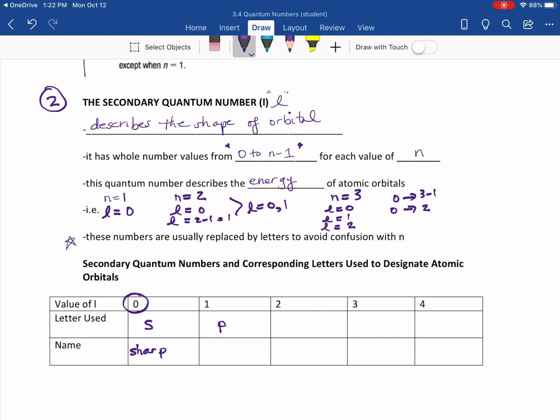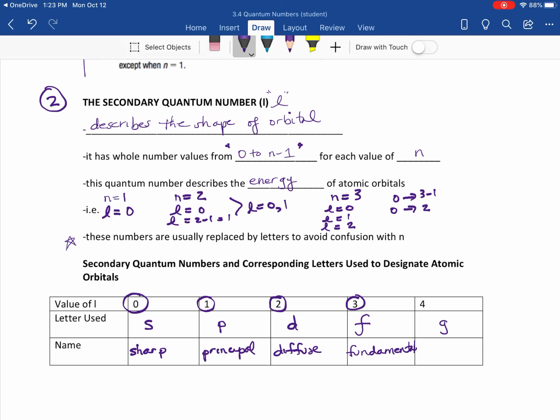P is when I'm talking about a value of L that is 1, and P stands for principal. A value of 2 is D for diffuse. A value of 3 is F for fundamental.